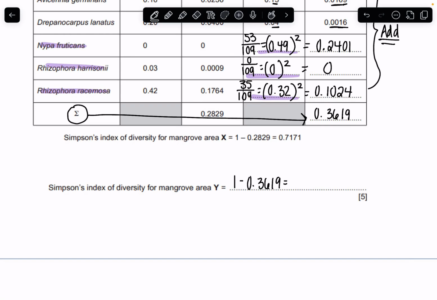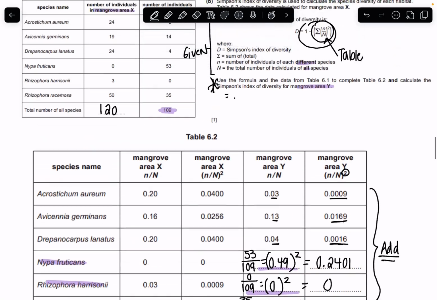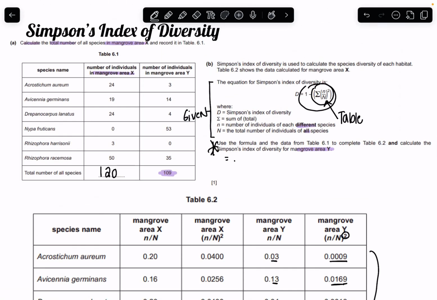I'm following exactly what Cambridge did in their example. Always follow exactly what Cambridge does in their example, unless told otherwise. My answer is going to be 0.6381. Now you have the entire answer and the table filled in for Simpson's index of diversity.